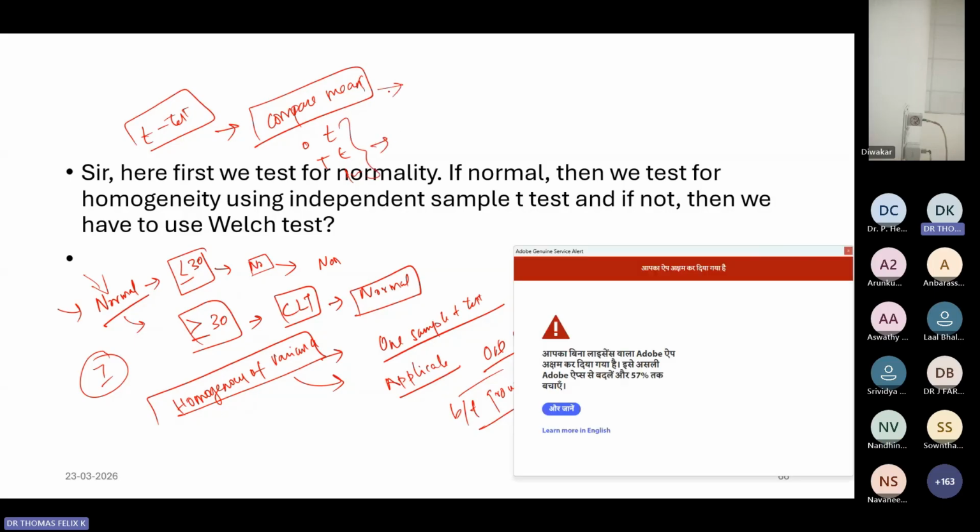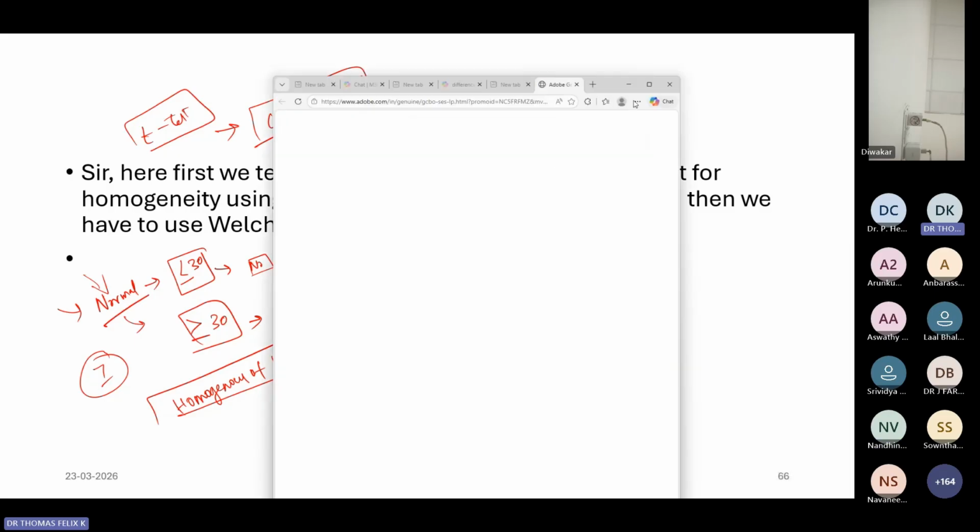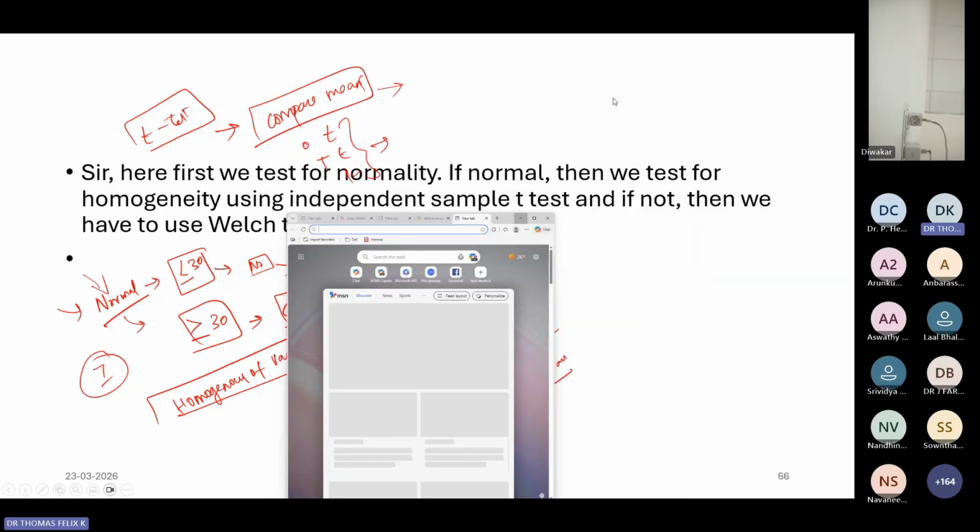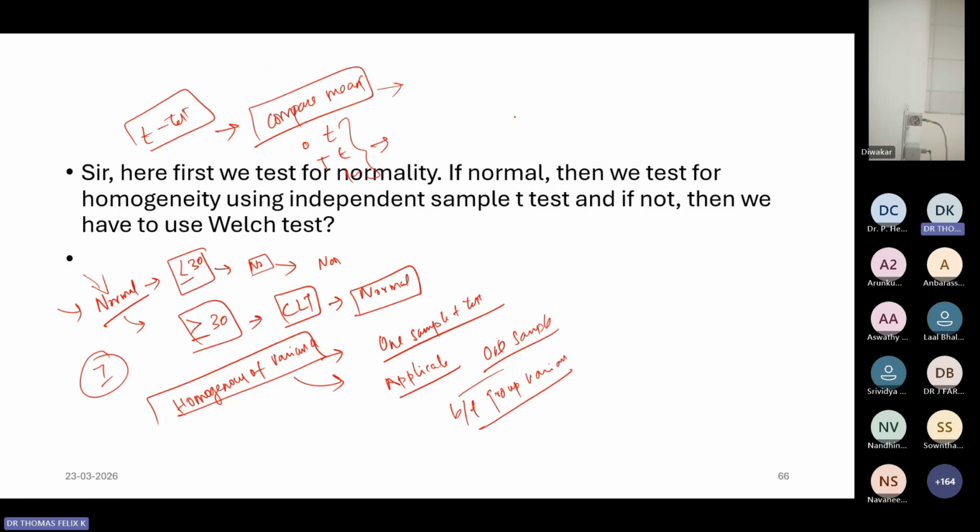But if your objective is to check the relation, either positive or negative, you have to move to correlation analysis. If your objective is to see the impact, you have to move to regression.